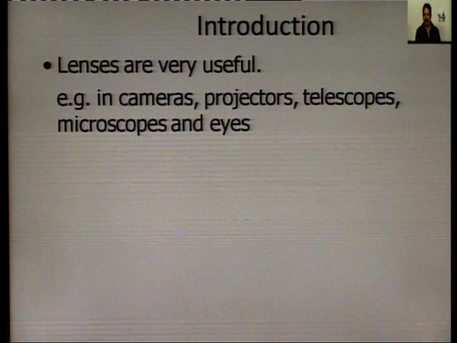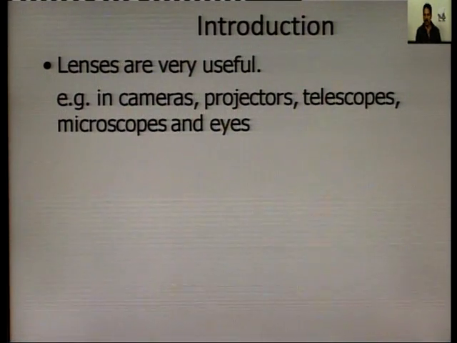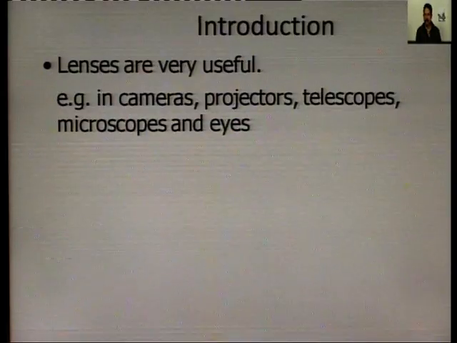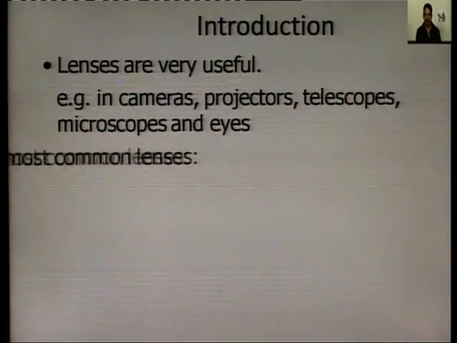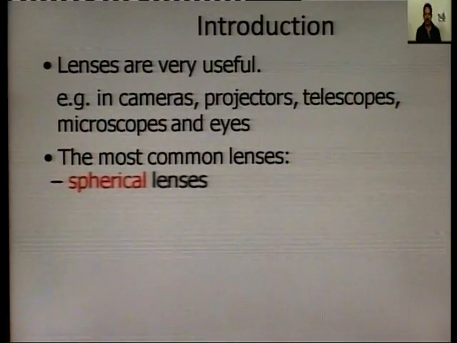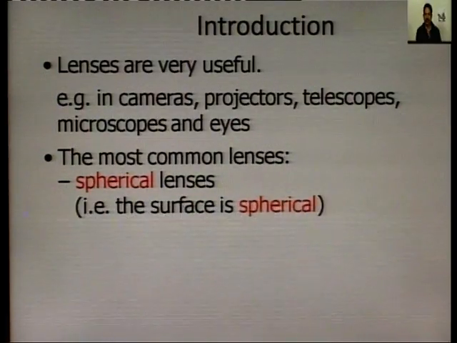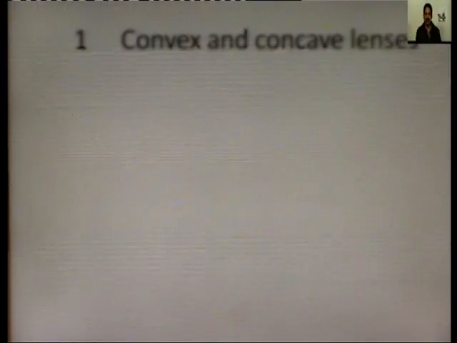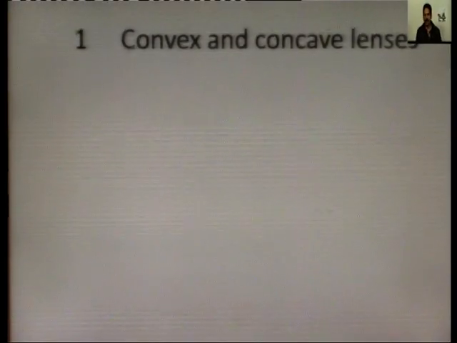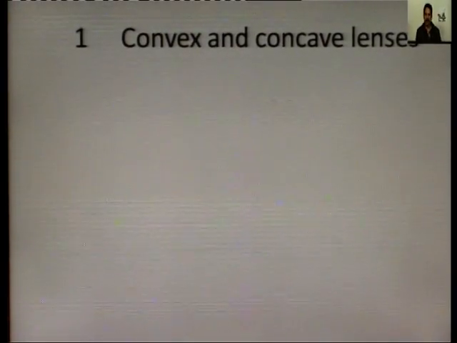Lenses are very useful, for example, in cameras, projectors, telescopes, microscopes, and even our eye contains a lens. The most common lenses are spherical lenses, that is, the surface of the lens is spherical. There are two types of lenses, convex and concave lenses.